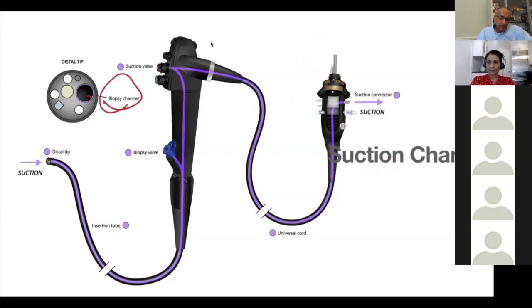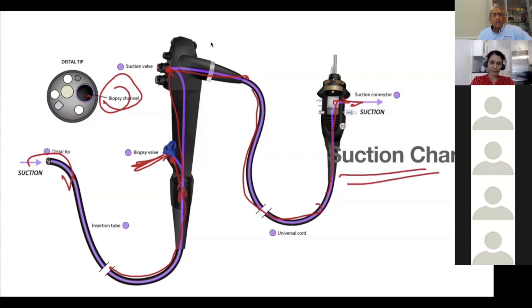So next is the suction channel. And this is the suction channel that goes from here. As you can see, it has a long path. It has an accessory to go to the biopsy channel, and then it goes to the button here, and then it takes a right angle, and then it comes down, it takes a right angle, and it comes out. As you can see here, these channels are very long, and they take multiple turns.